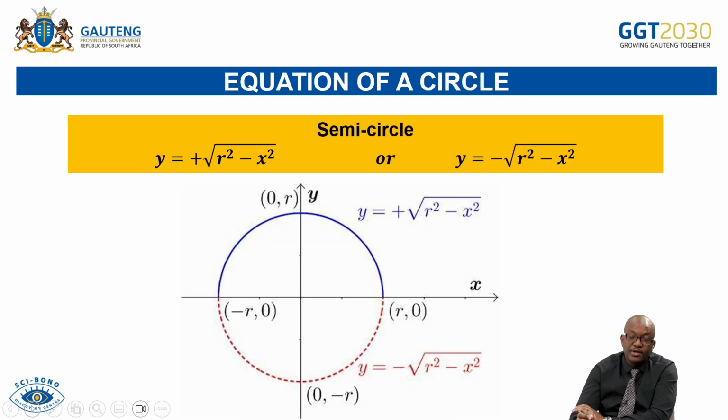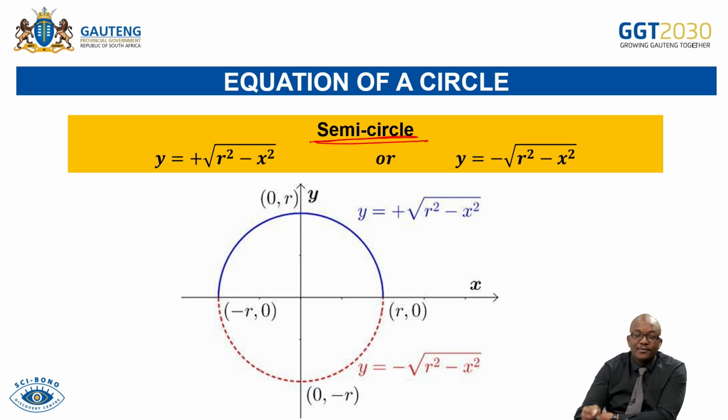Now, we also have the equation of a circle as a semicircle. Remember, you can have a full circle or a semicircle. With a semicircle, remember, we had y is equal to plus minus the square root of r squared minus x squared.